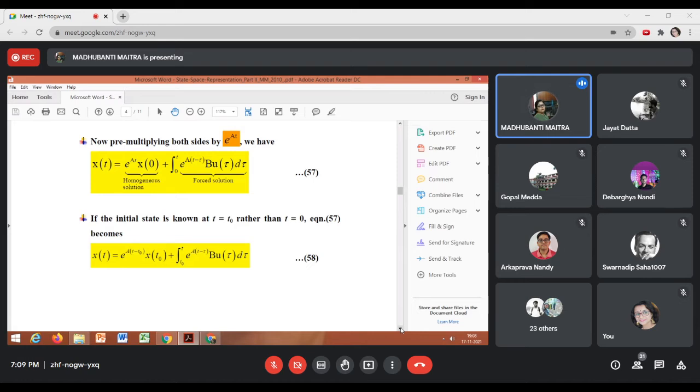Now, if we assume that the initial state is known at some time t equal to t0, the initial time is not 0 but some time when t is equal to t0, then the solution becomes x(t) equal to e^(A(t-t0)) x(t0), in place of 0 now it will be t0, and the limit of integration will change from t0 to t, and this will remain the same, e^(A(t-τ)) B u(τ) dτ.